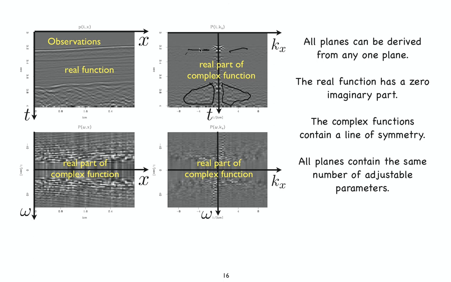So you have really the same number of parameters in this space and in this space, because you lose half the parameters because of it being symmetric, but you gain half the parameters because it has an imaginary part. Now the same thing happens down here, except now the symmetry is not about this vertical line. Instead, the symmetry is about this horizontal line.